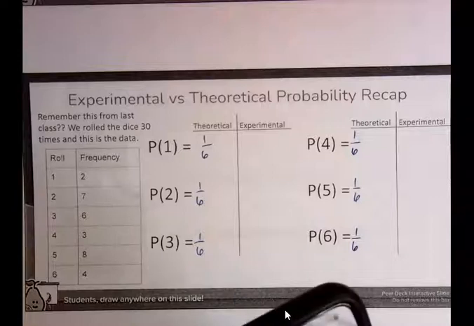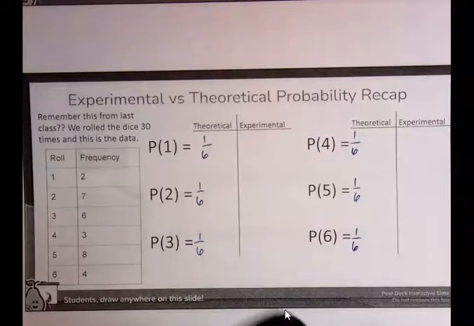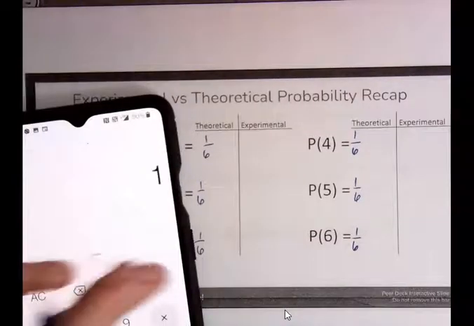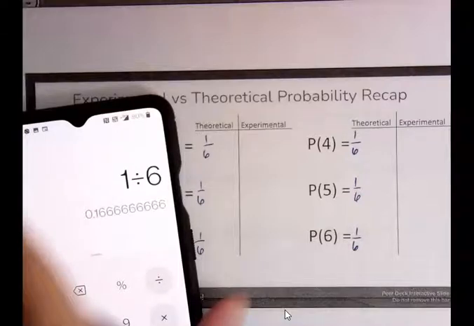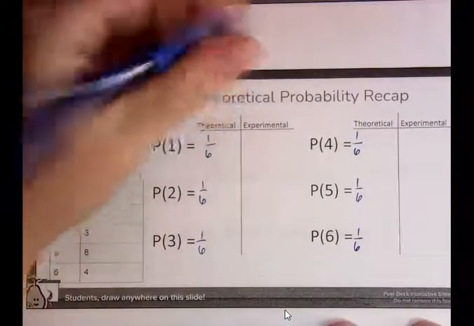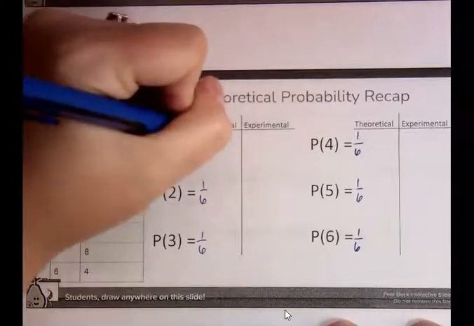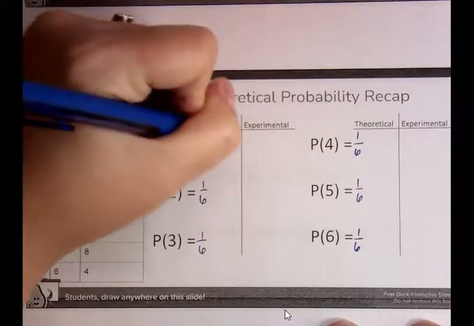And I'm going to also put that in decimal form, so remember how to do that. Just divide 1 divided by 6, so it's going to be 16.7%. We will just call it 17%.